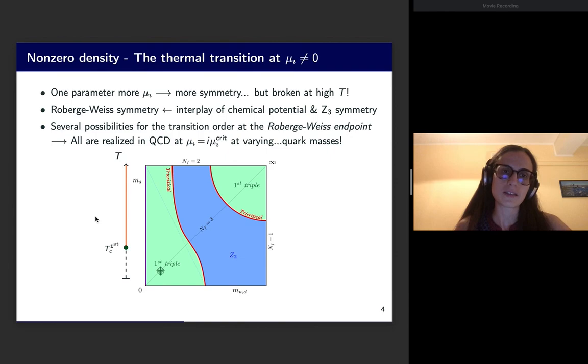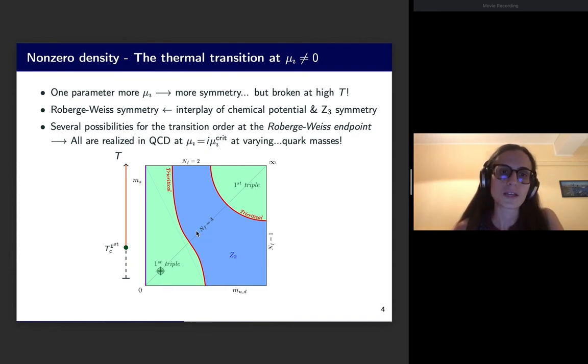This is the Columbia plot at Roberts-Weiss. So instead of displaying the order of the thermal phase transition in QCD as a function of the bare light, degenerate, and strange quark masses at mu equals 0, here you're doing exactly the same thing, but at a critical value of mu in the Roberts-Weiss setup.